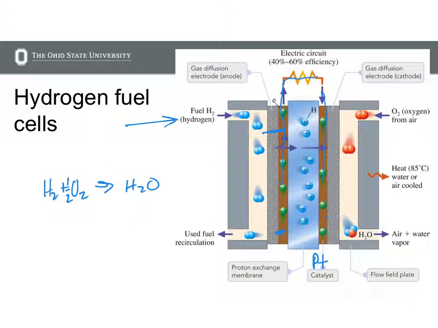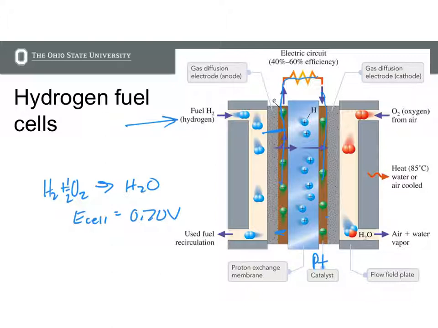There's no CO2, none of that. And the cell potential is 0.7 volts. So it's not a lot, right? But you have a lot of cells all linked together.